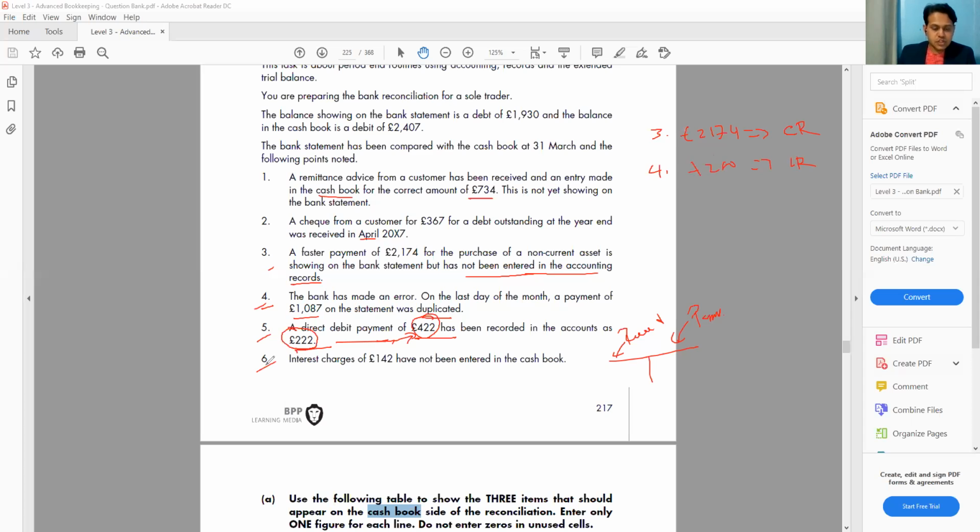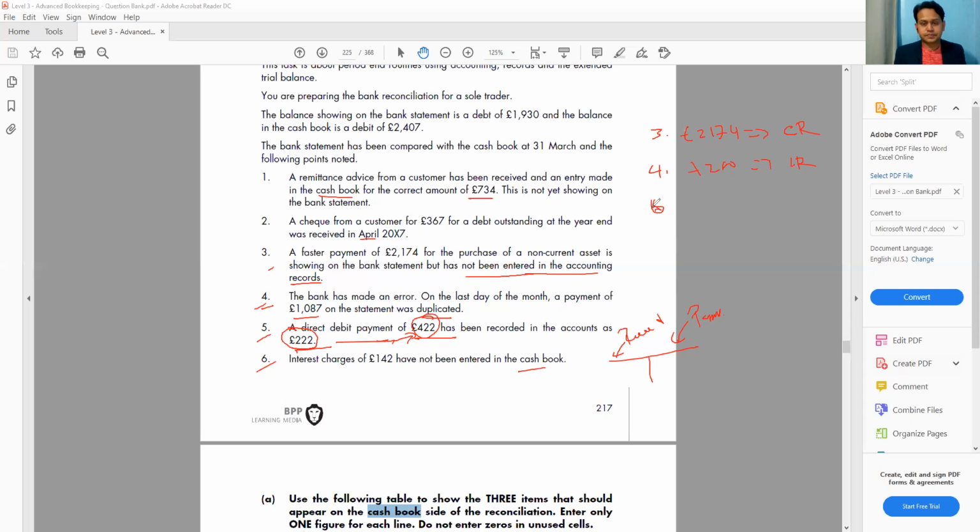We have an interest charge. Interest charge 142 has not been entered in the cash book. Remember that interest charge and interest received are two different things. Interest received means you received interest from the bank. Interest charge means you took some loan, so you have to pay the interest. So interest charge is an expense for you.